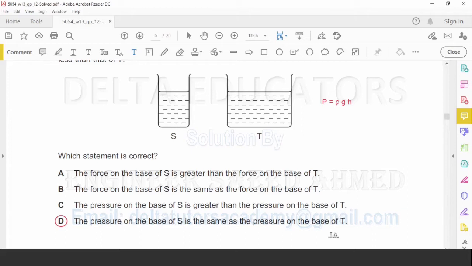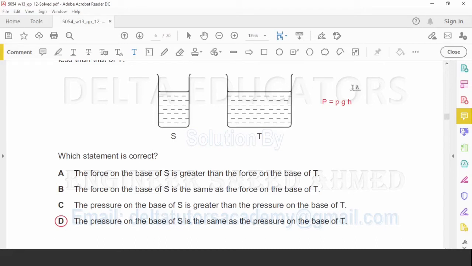We have studied that the pressure exerted by a liquid is given as P equals rho g h, where rho is the density, g is the gravitational field strength and h is the height. Height means the distance from the surface of the liquid to the point where we have to calculate the pressure. Since the liquids are the same, the density of both liquids will be the same. Second, the gravitational field strength will also be the same for both liquids.